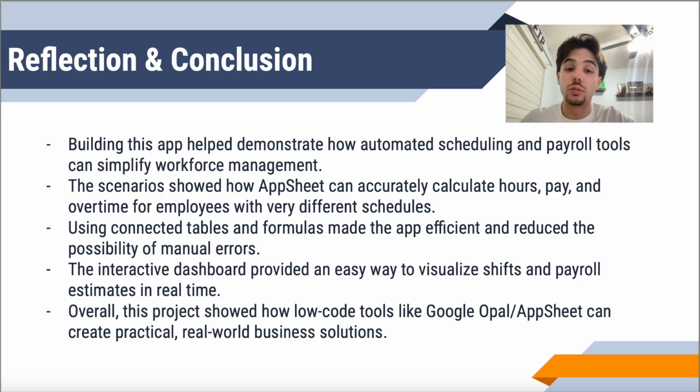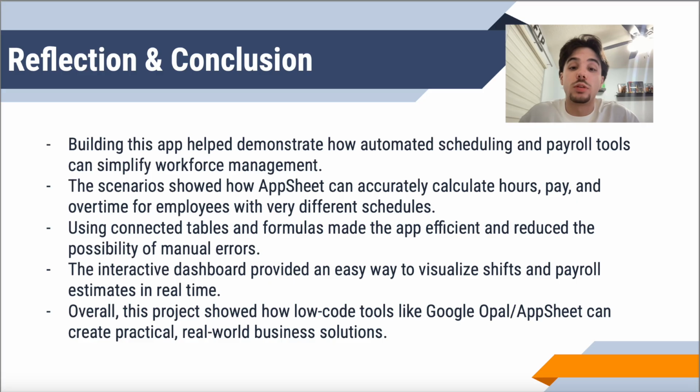If I were to improve that further, there would be several features I would add to make it more useful and professional. One improvement would be adding automatic push notifications so employees receive alerts when schedules change or when new shifts are posted for a new week. Another enhancement would be allowing employees to submit their availability directly into the app rather than having managers enter it manually.